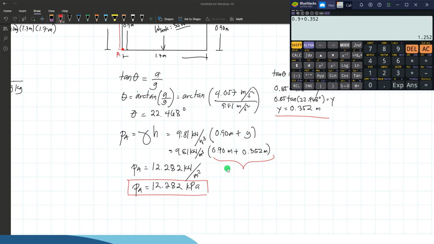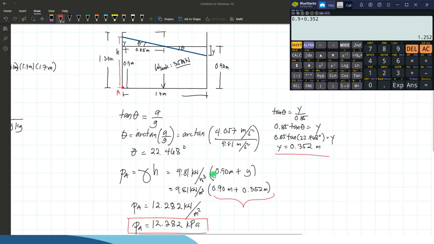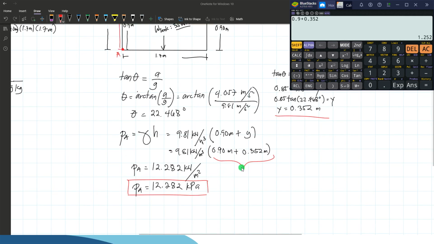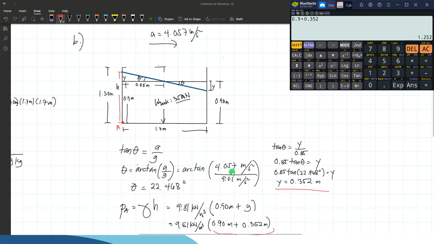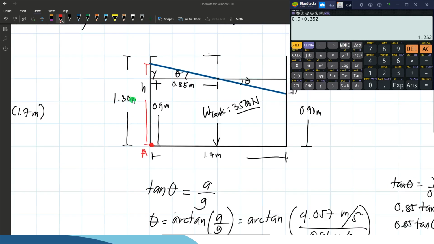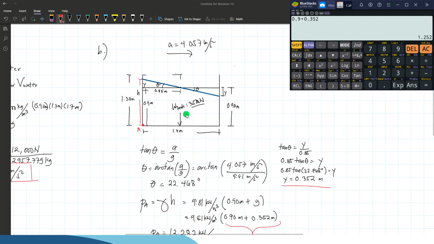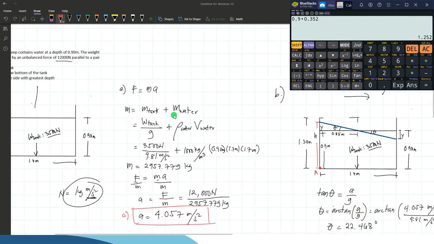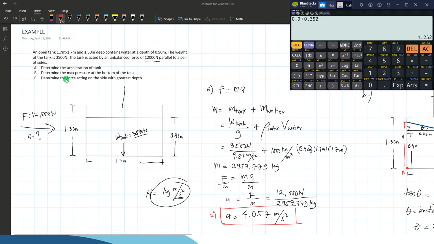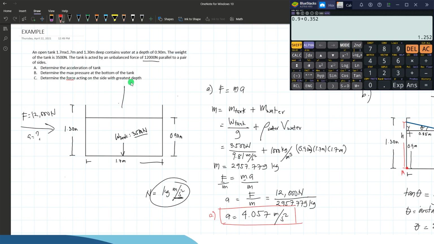Okay. So going back to question letter C, let's determine the pressure on the side. Here we will just apply the hydrostatic force on a plane surface, because force is required, acting on the side.